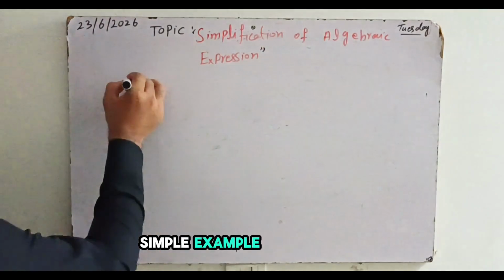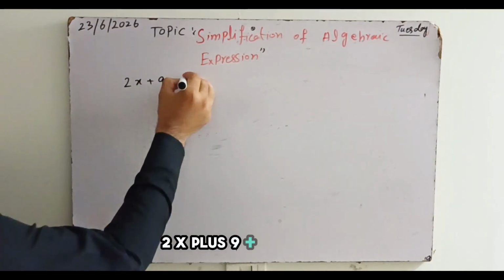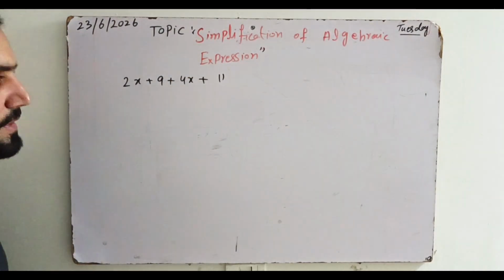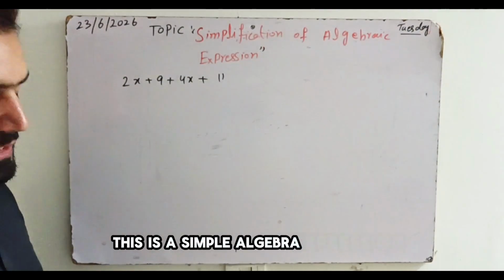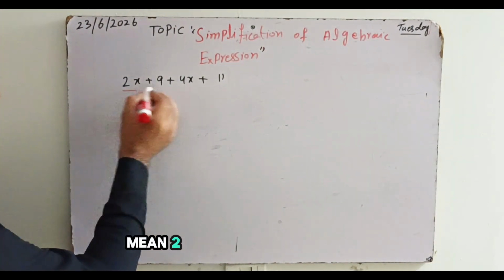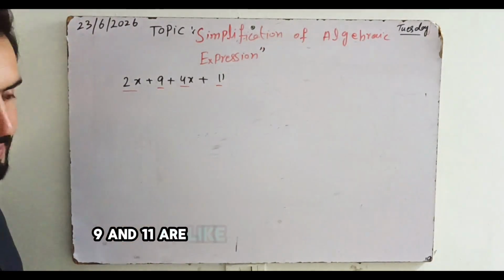A simple example, for example, 2x plus 9 plus 4x plus 11. This is a simple algebraic expression, in which 2x and 4x are like terms, and 9 and 11 are like terms.